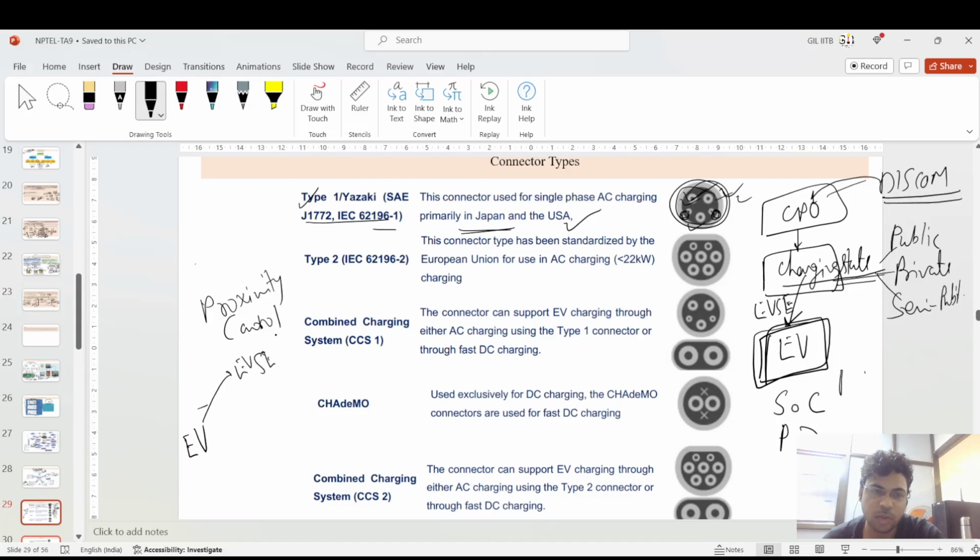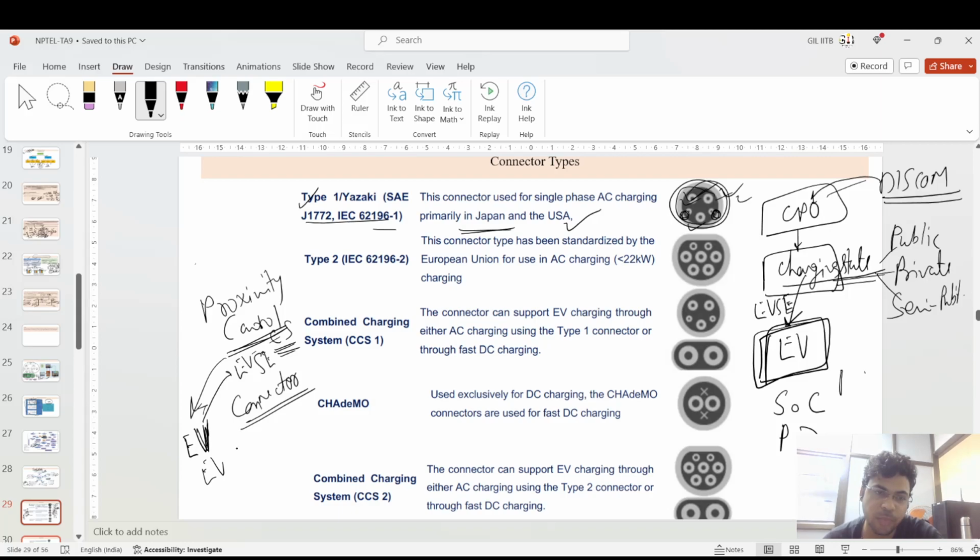Proximity control is such that when the EV is connected through the EVSE to this charging station for charging the vehicle, the proximity control senses the EV and says whether the connector is connected properly or not. If the connector is connected properly, then the proximity control signal is switched on, and only after that can you give the power to the EVSE.